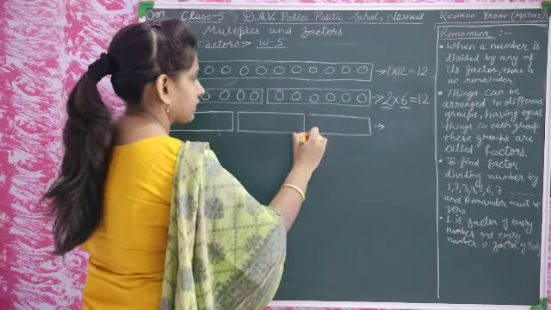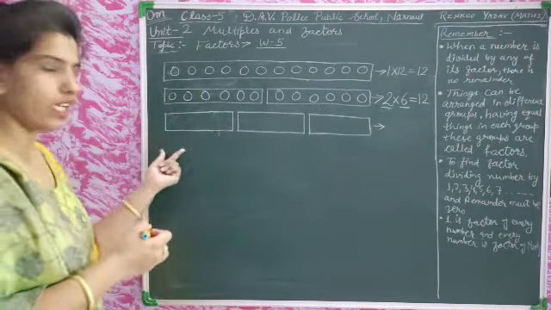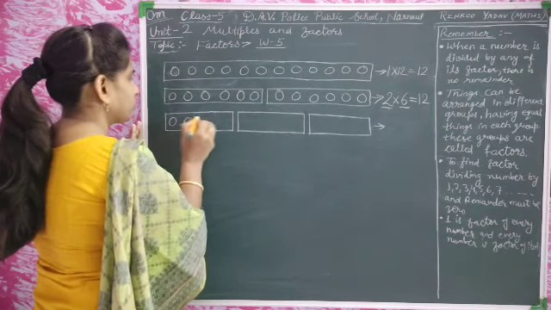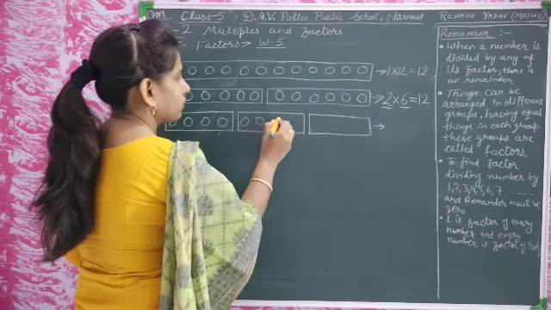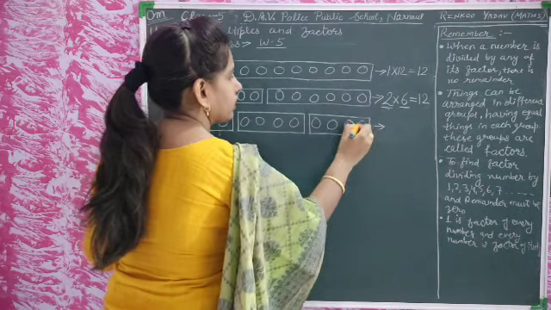There are the three groups. How many things have we put here? 1, 2, 3, 4. 1, 2, 3, 4. 1, 2, 3, 4.